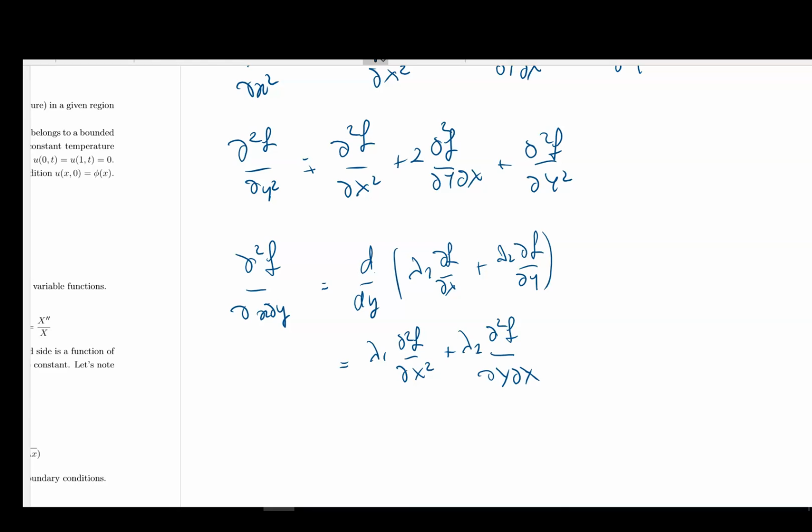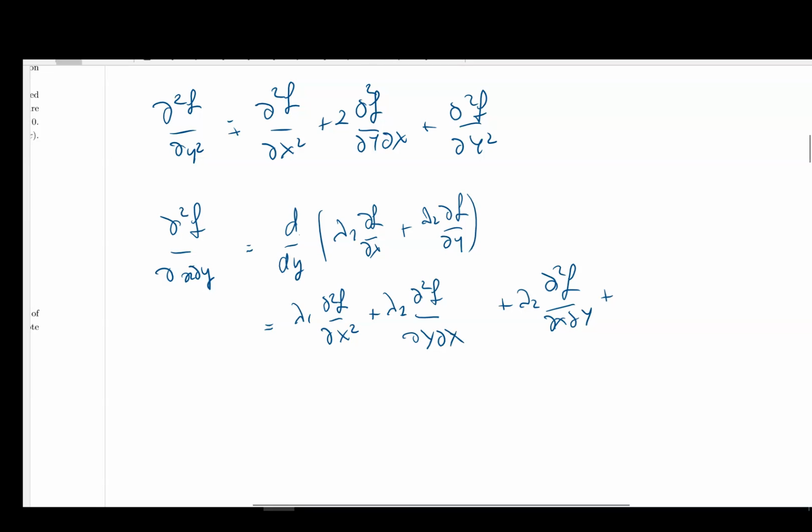That's for the first term, and then the second term becomes lambda 2 times d2f over dx dy plus lambda 2 again d2f over dy square.